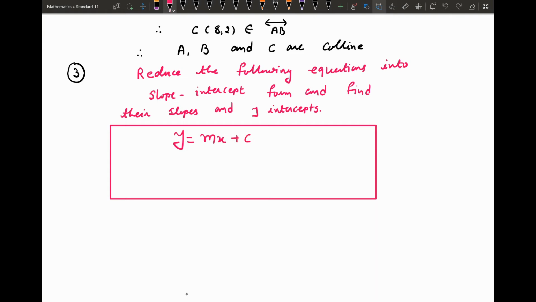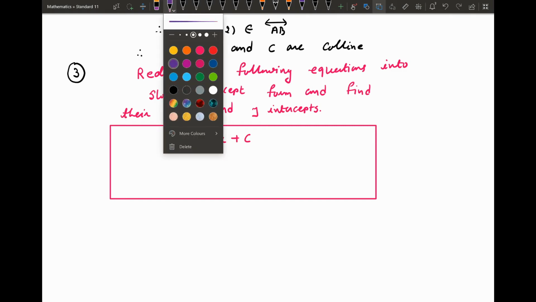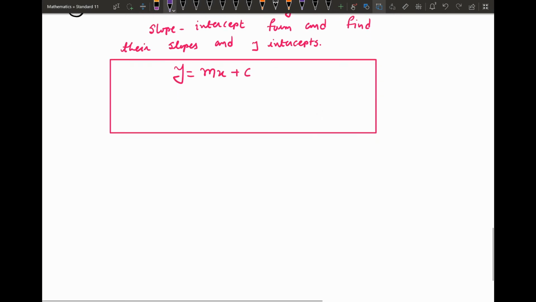We have already discussed this one. Y equal to mx plus c, where m indicates slope and c is the y-intercept.